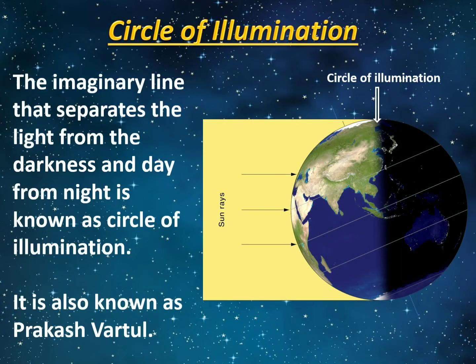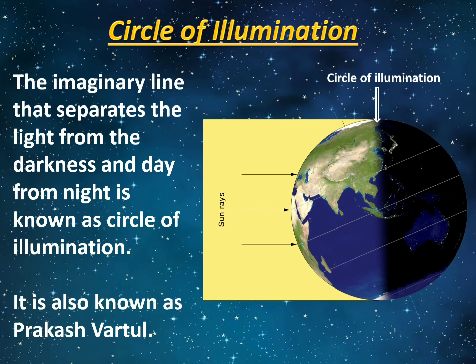Now students, what is the circle of illumination? The imaginary line that separates light from darkness and day from night is known as the circle of illumination. In this picture you can see I have kept an arrow on the circle of illumination.